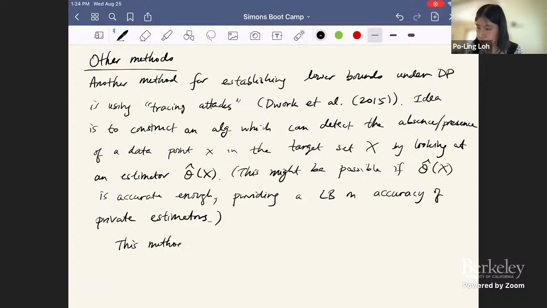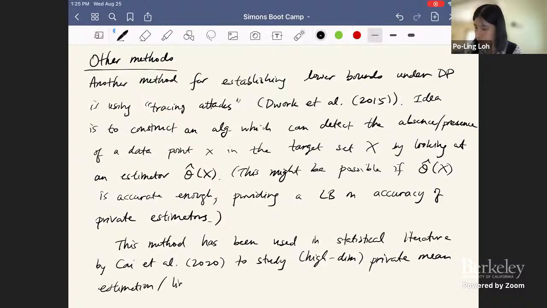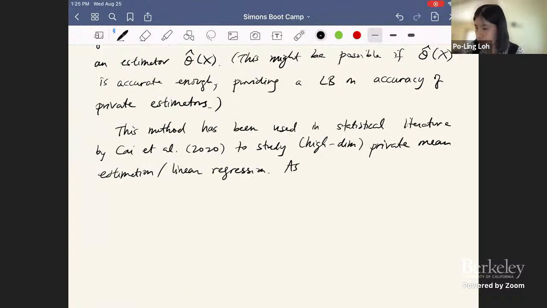This method has been used in the statistical literature by Cai et al. in 2020 to study high dimensional private mean estimation, and also linear regression. Okay, and as an example, actually this is an oversimplified example, what would a tracing attack look like?